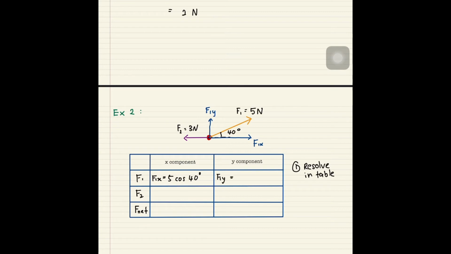And this one would be 5 sine 40. Why is this one cos? Like I told you before, if you are going from the F1 and you want to resolve to the x-axis over there, it goes through the angle theta there, so that one will be your cos.